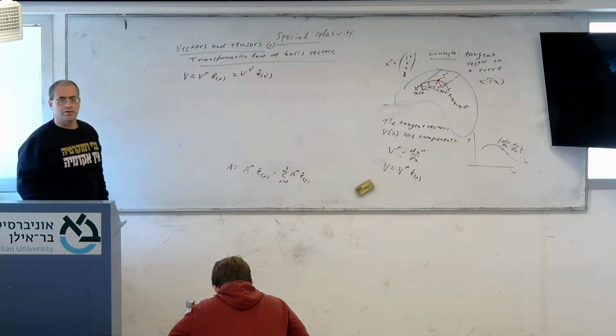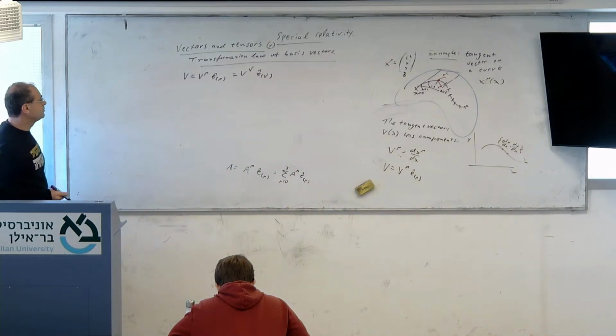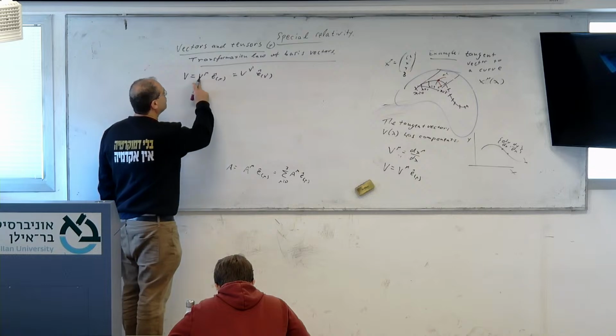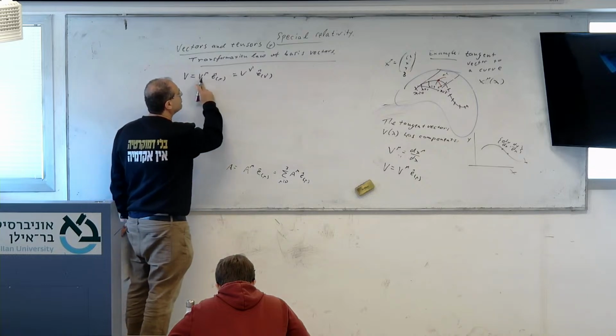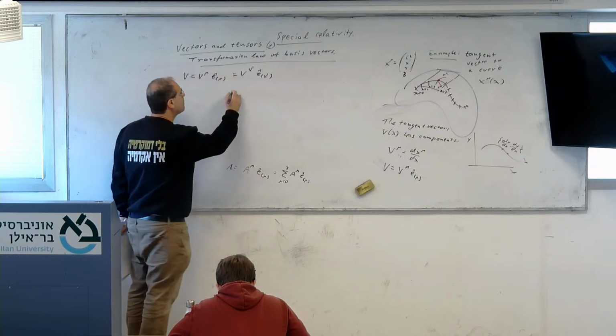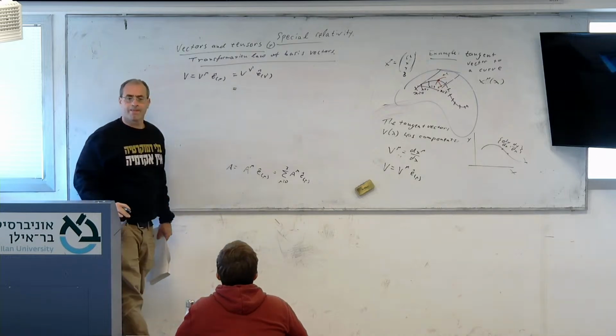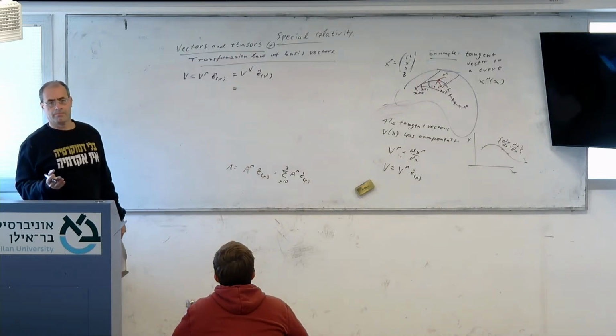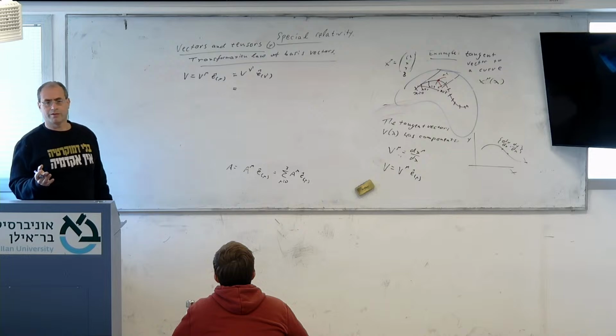So the vector doesn't change. What's the transformation law of the components from v mu to v mu prime? You already know how to make this transformation.